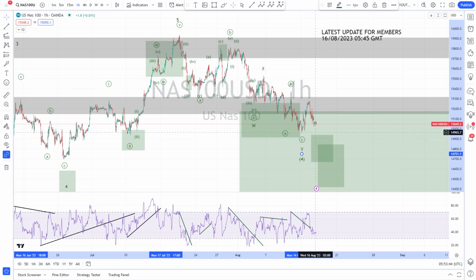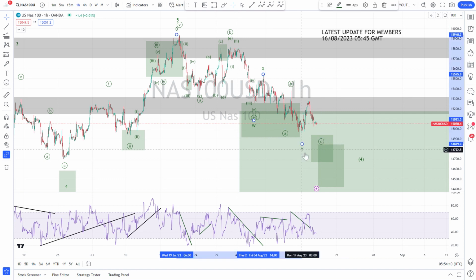Yeah, if it would play out like this, that the correction was over here, then I missed my entry, but that's okay. Then I look for another entry. The next pullback on the way up, I will try to buy. Then my system is telling me to wait for these areas, so I wait for these areas.